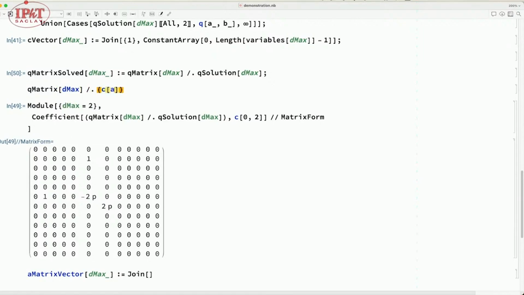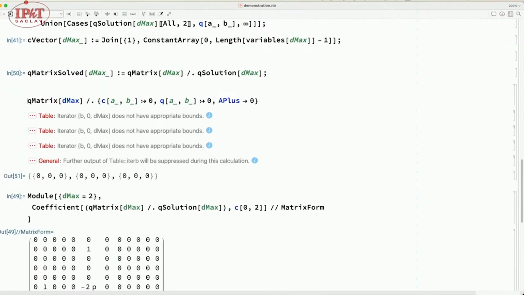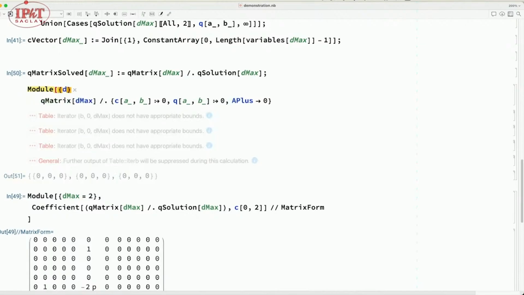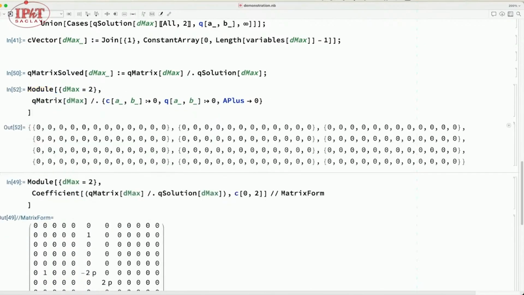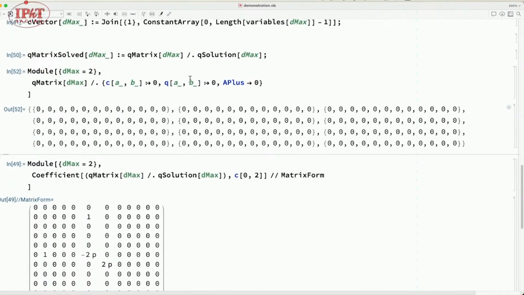So we set all of the C's to 0, set all of the Q's to 0, and we also set A plus to 0. Okay, sorry, I didn't specify. Right. Oh, sorry, it should be Q matrix solve.